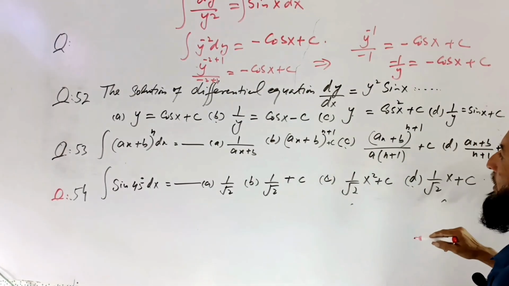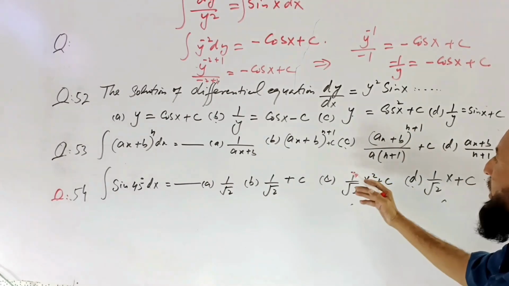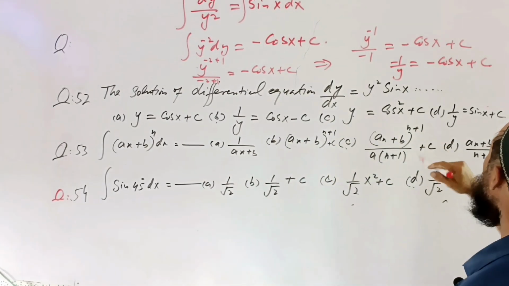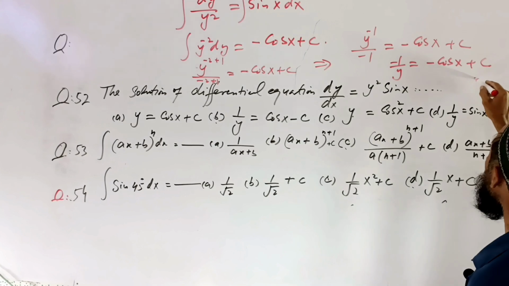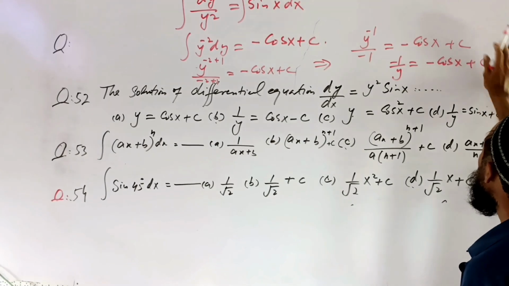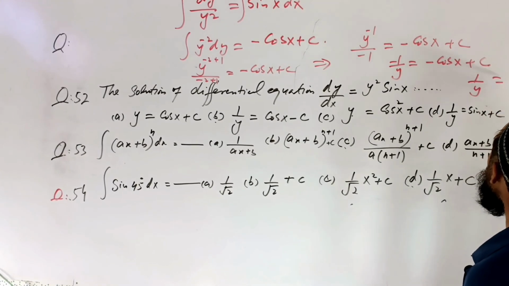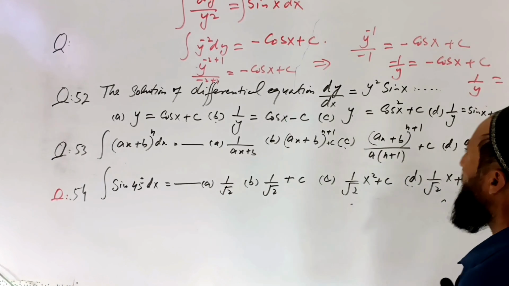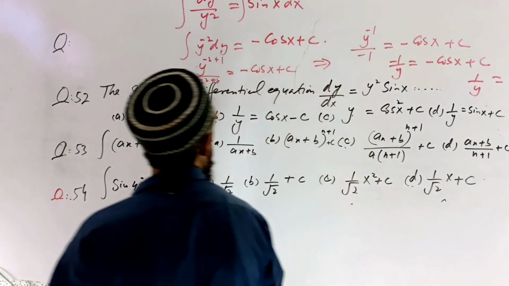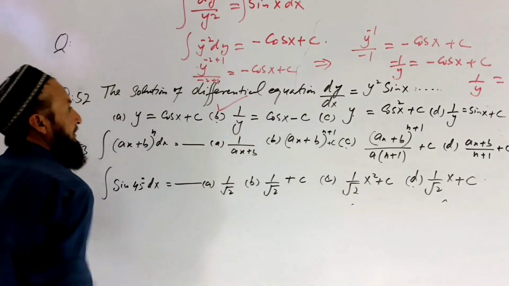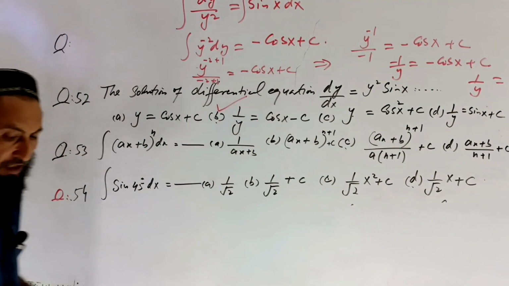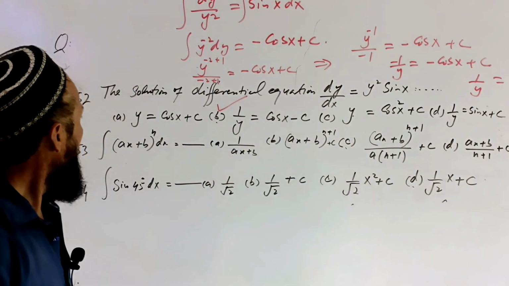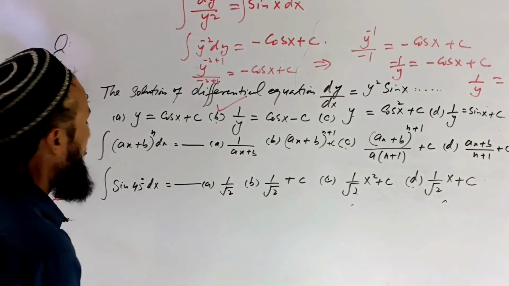In the options, minus is not available, so multiplying both sides by minus, we can write 1 over y is equal to cos x minus c. So 1 over y equals cos x plus c. So option B is the correct option. Correct option B.